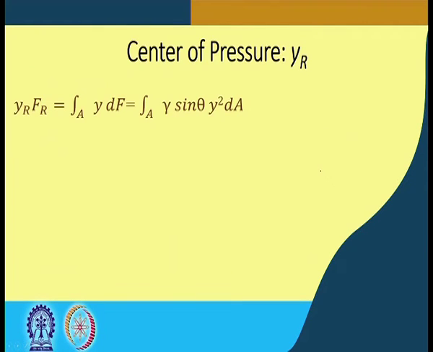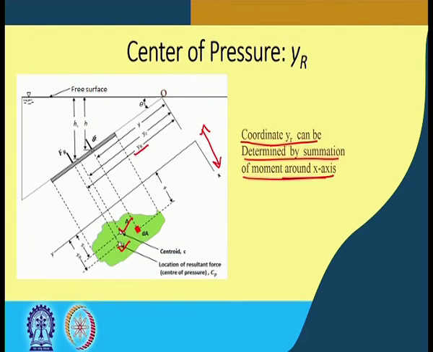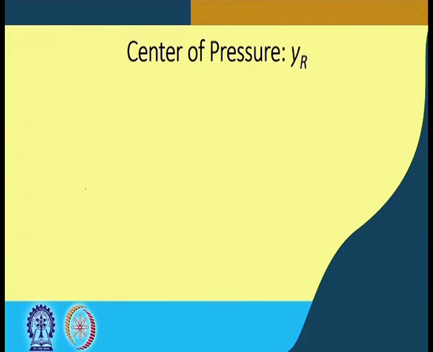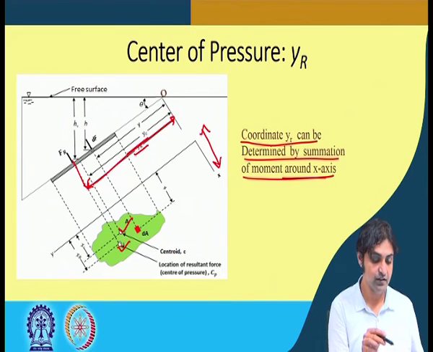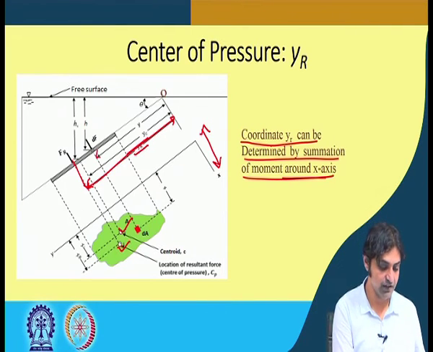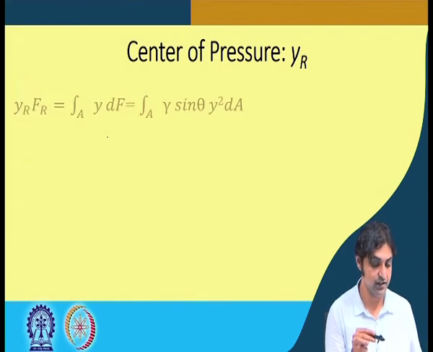So the way we do it, YR into FR. This will be equal to the integral y dF, right. So what is y dF? This is dF and this is y. So all the summation beginning from here until here, all the small dF's that are there.